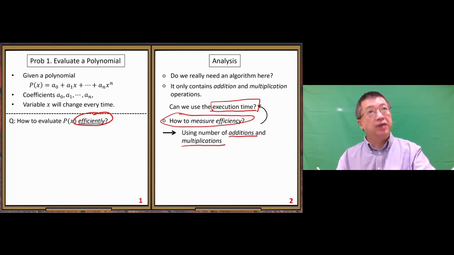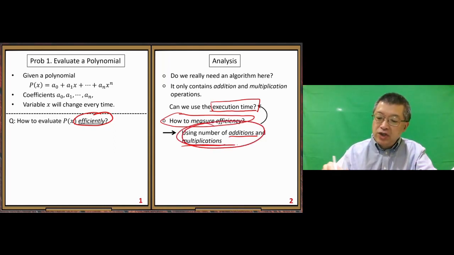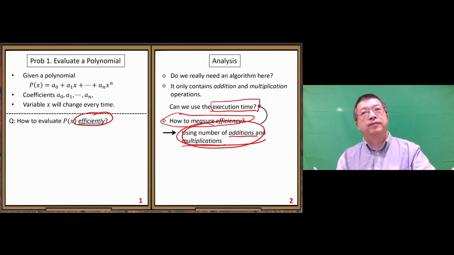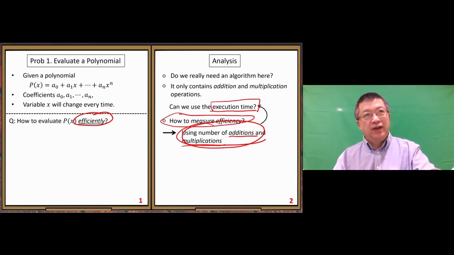So this measure is consistent. That means we should do the efficiency measurement this way. That's the first thing. After the analysis, we agree on this.